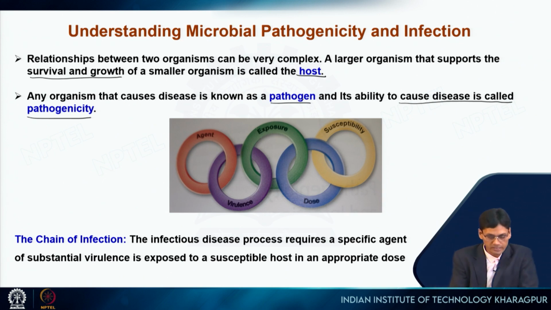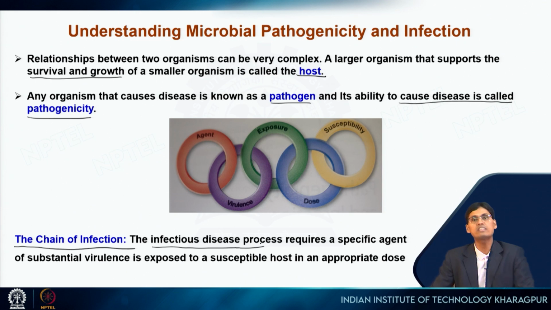So here you see the chain of infection, a very interesting figure. The infectious disease process requires a specific agent of substantial virulence that is exposed to a susceptible host in an appropriate dose.